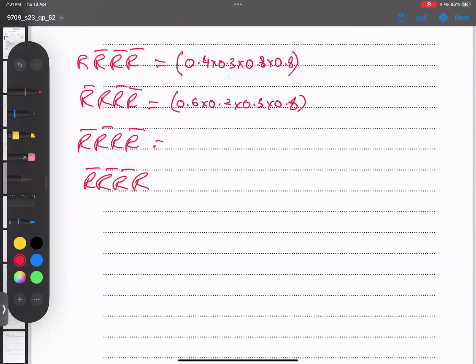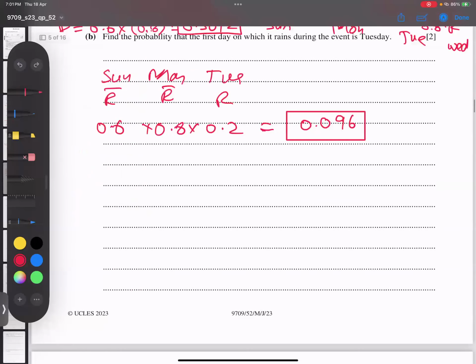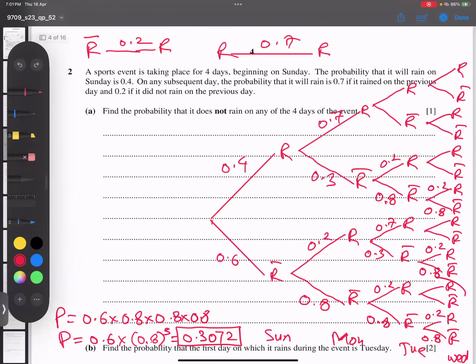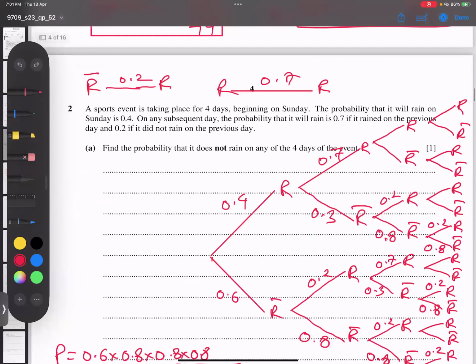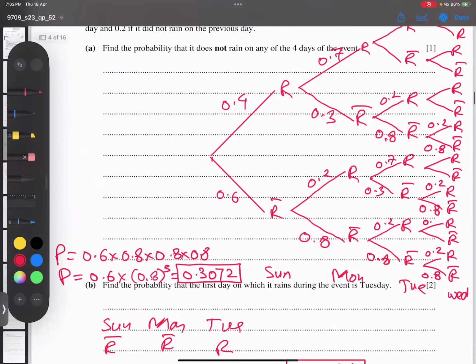Okay, now let's go for the third option. Make sure the rain is coming in the third position, in Sunday, Monday, Tuesday. So no rain, rain, and no rain. So we have all branches except this one. What is the best technique? Rain, rain together is 0.7. So this 0.7 comes on the top, lower branch 0.3.